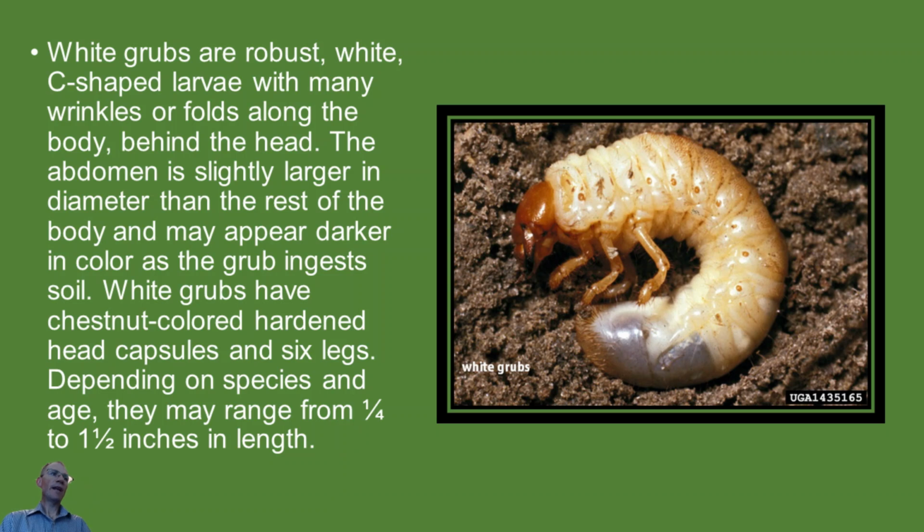The abdomen is slightly larger in diameter than the rest of the body and may appear darker in color as the grub ingests soil. White grubs have chestnut-colored, hardened head capsules and 6 legs. Depending on species and age, they may range from 1/4 to 1 1/2 inches in length.